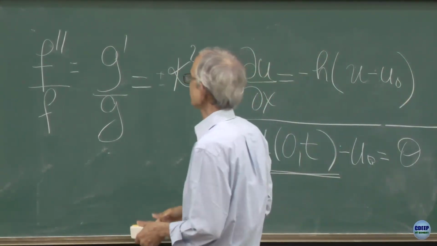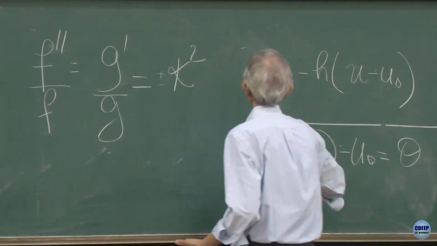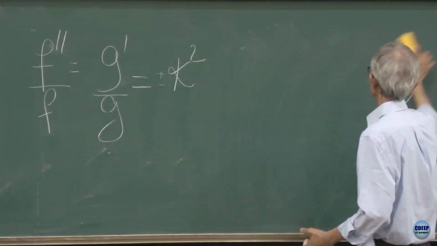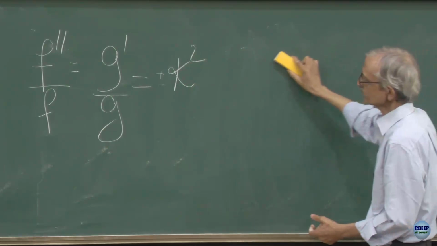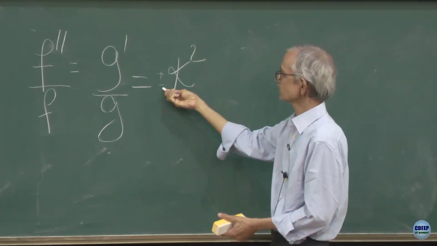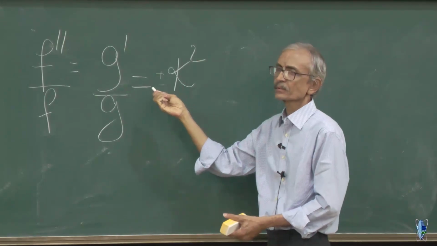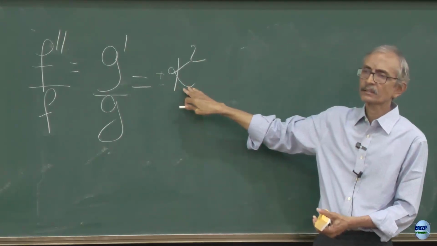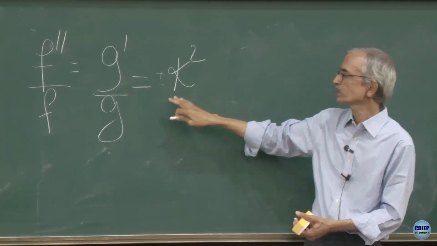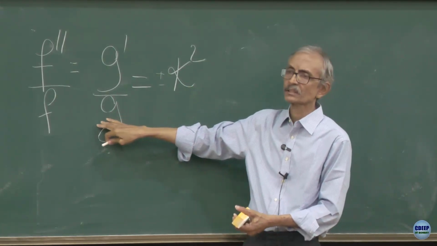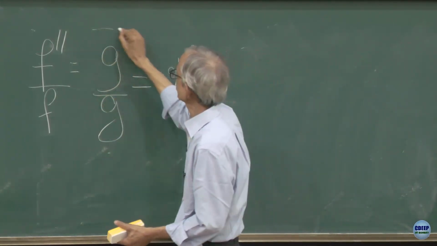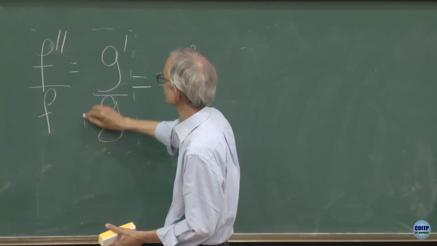In this particular case, let us go ahead and, for the previous case, what did we do? How did we argue for the sign of k square? We said that this guy should not blow up, so we had used this condition here. And then I had said that it's not necessary that you use this all the time.